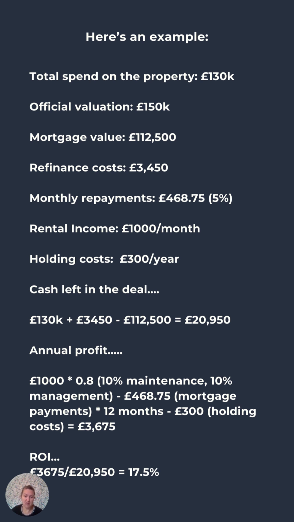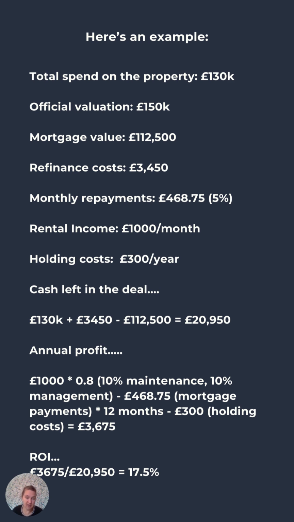And then we're going to take off the holding costs of 300. That's going to leave us with an annual profit of £3,675. Interestingly, nearly all of my rental properties profit between 3,500 and 4,000 a year. That's almost like a sensible benchmark for a property like this.